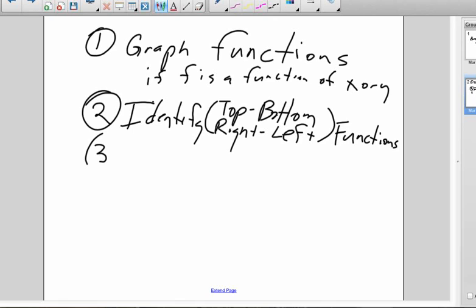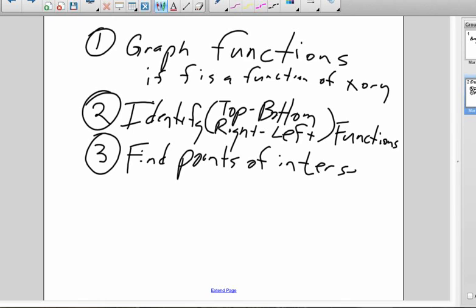Then the third thing you're going to need to do is find points of intersection. And to do this, you're going to set your two functions equal to each other and solve for x or y, depending upon which one you're doing.